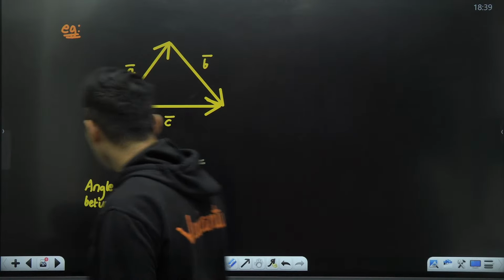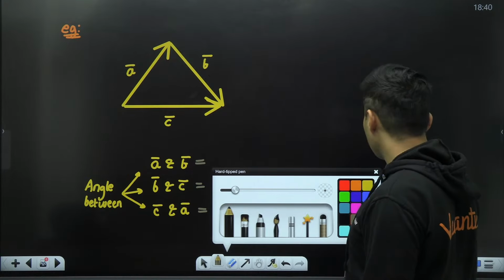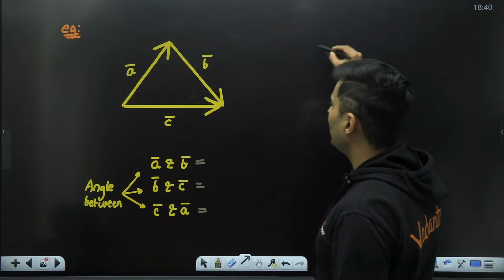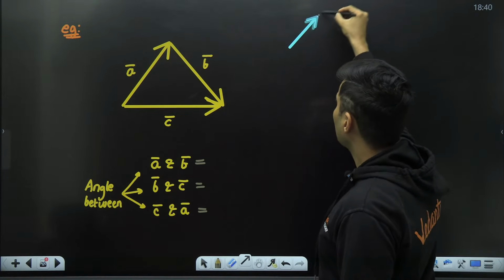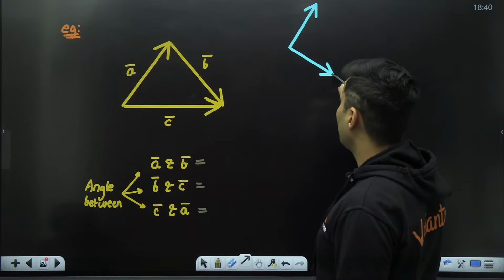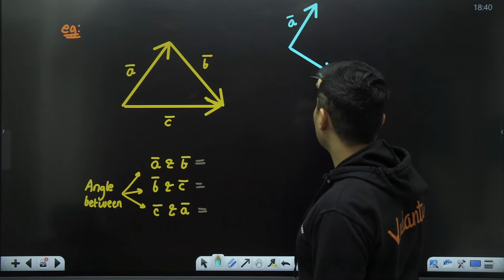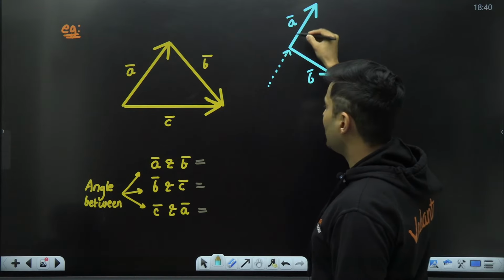All right. So in this particular scenario, as one can see carefully, if I take vectors A and B, this is the head, this is the tail, so it's not the right way. I should slide vector A more up and keep vector B over here. Then that would be the right way. So this is vector A, this is vector B. I have taken this particular vector A and slid it up.